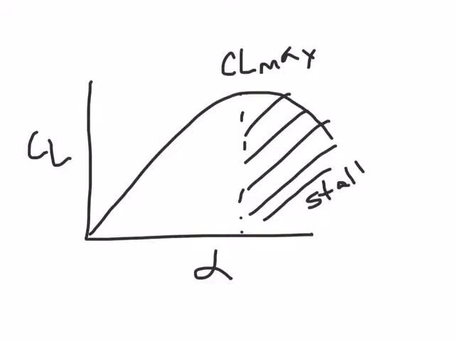And you'll see this type of graph for almost every airfoil out there if you go look up the NACA airfoils. Okay, coefficient of lift is basically the ratio between lift pressure and dynamic pressure, and that's what coefficient of lift refers to.